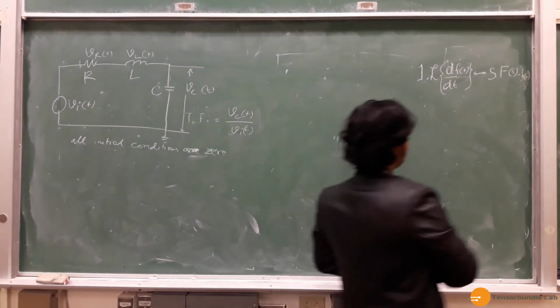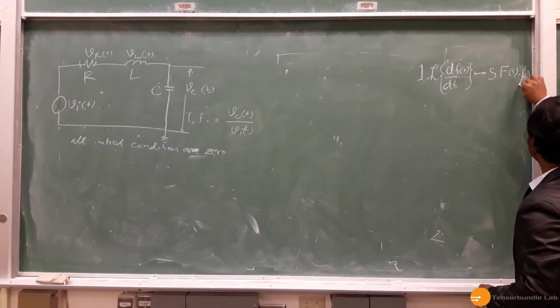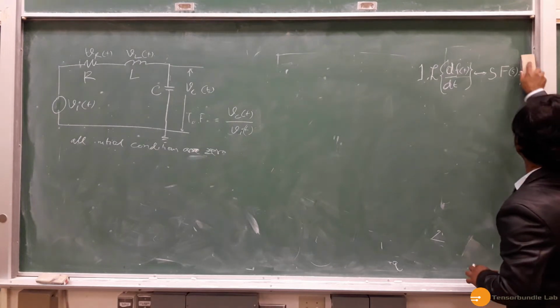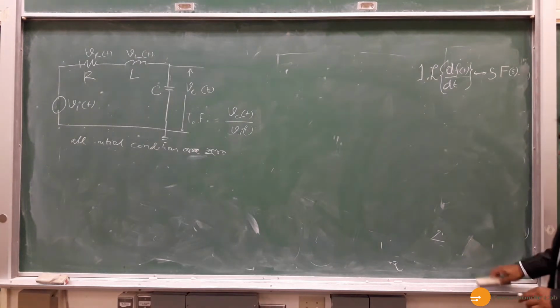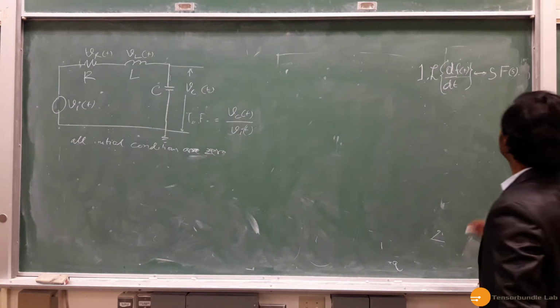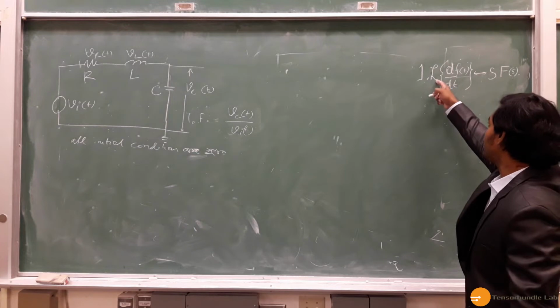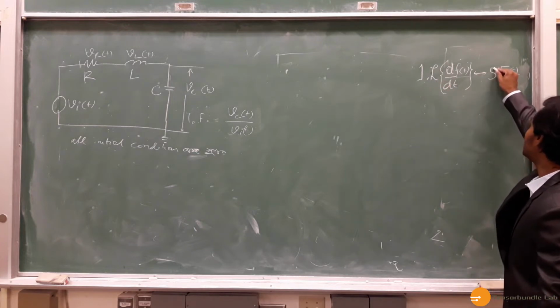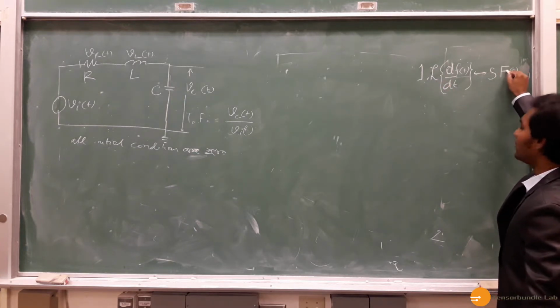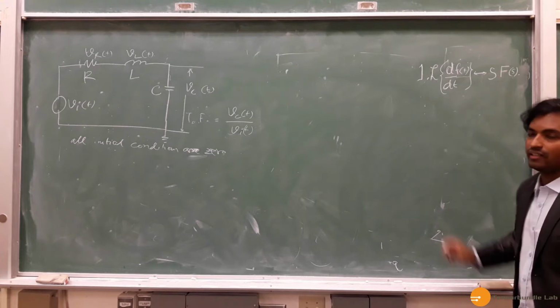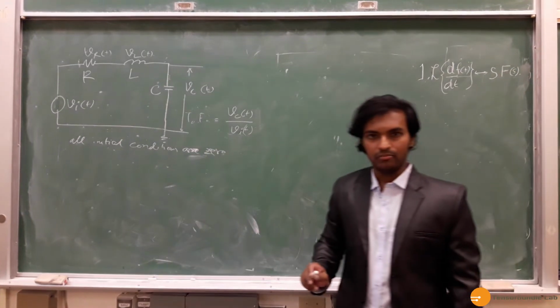For the sake of simplicity, we will just imagine this f of 0 minus is 0, so we can just delete it. So for a first order differential equation, if you take the Laplace transform, we can write in the s domain just the function itself multiplied by a single s variable.